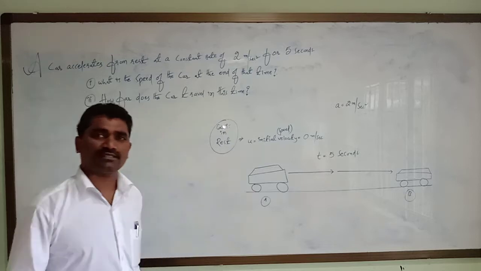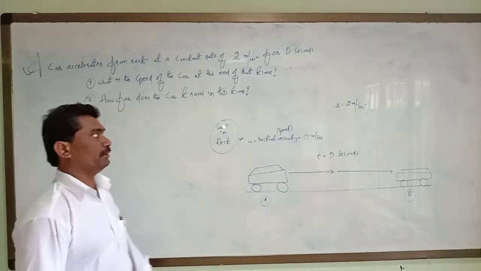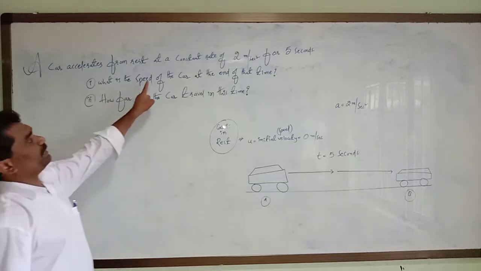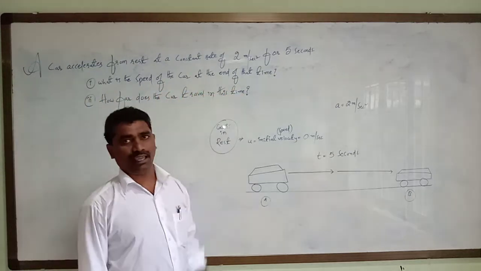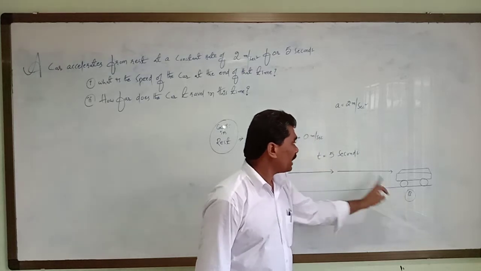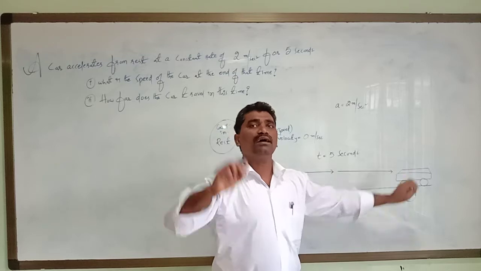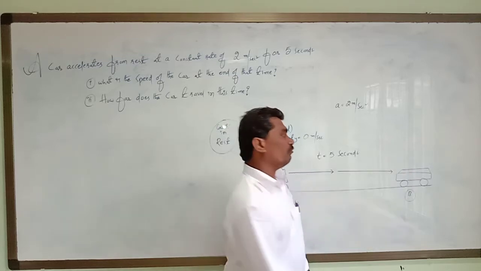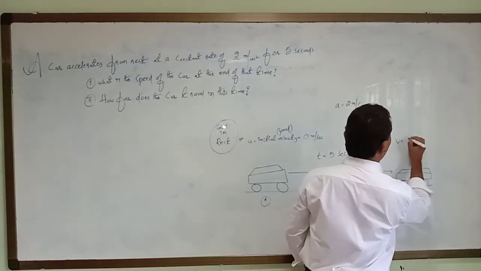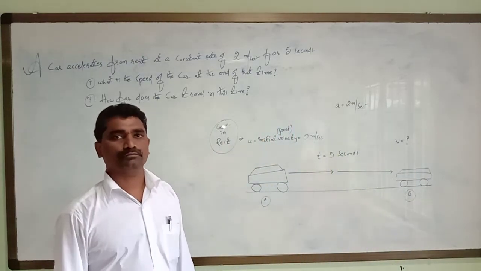What is the speed of the car at the end of that time? At this particular point B, at the end of 5 seconds, what is the final velocity of the car? That we have to calculate.